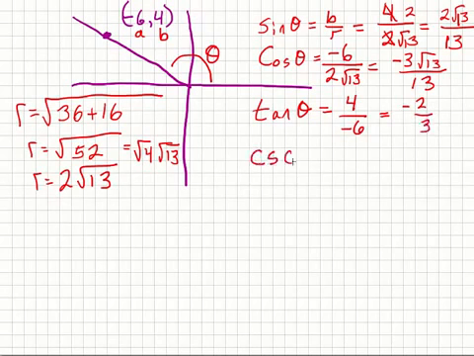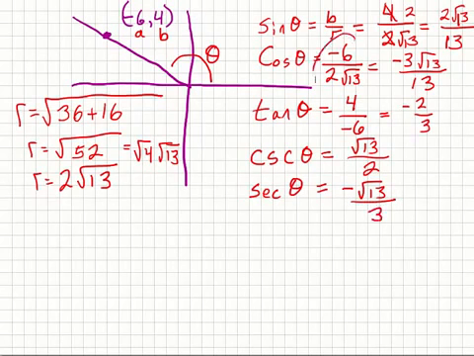For cosecant theta, we can go to the reciprocal of sine, so that'll be the square root of 13 over 2. And secant theta will be the reciprocal of cosine, so that will be 2 square root of 13 over -6, which is -square root of 13 over 3.